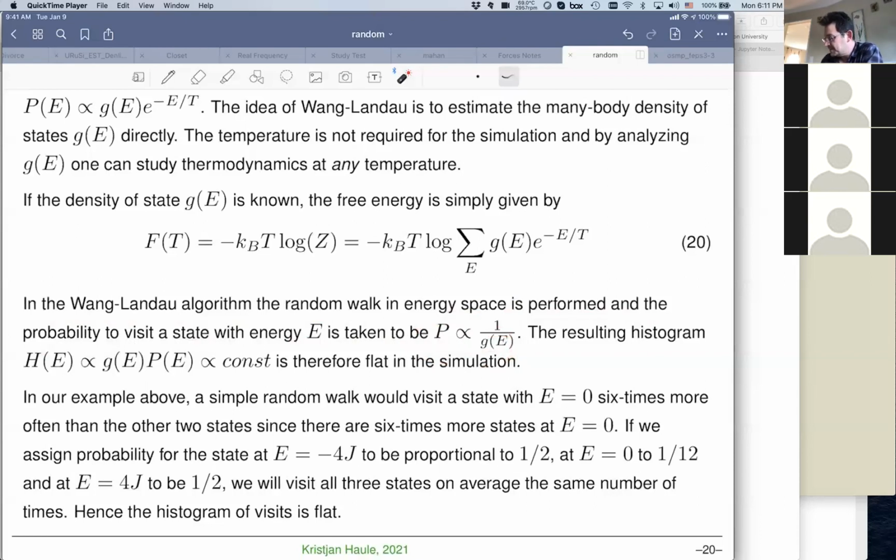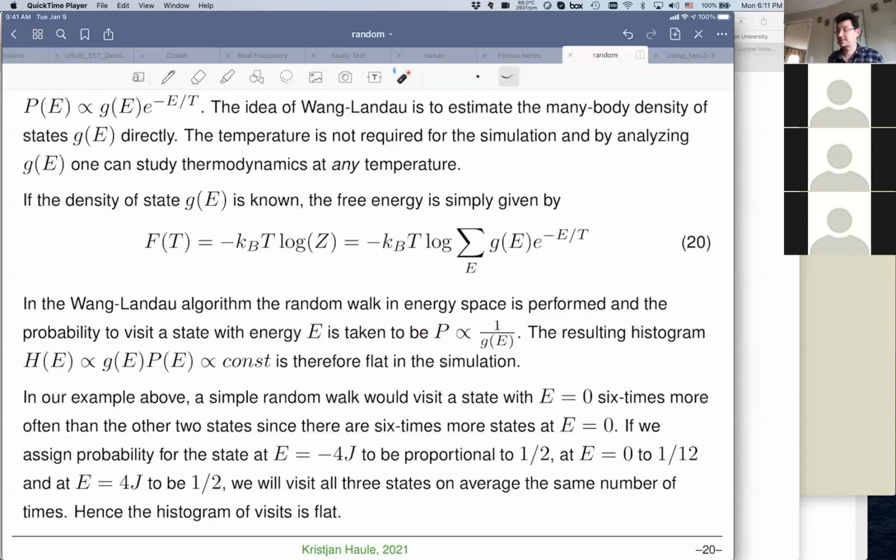Now, this is a little bit tricky. We are going to look at the histogram. In order to know that we have successfully performed a random walk through all the relevant configurations, how can we say that?